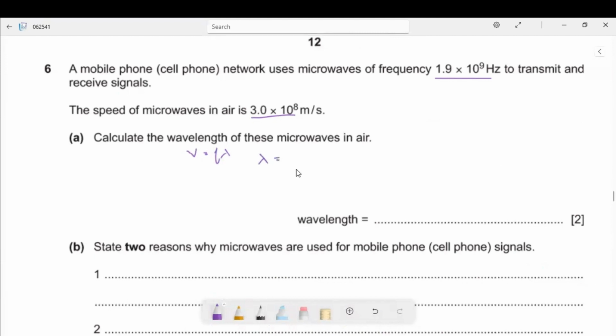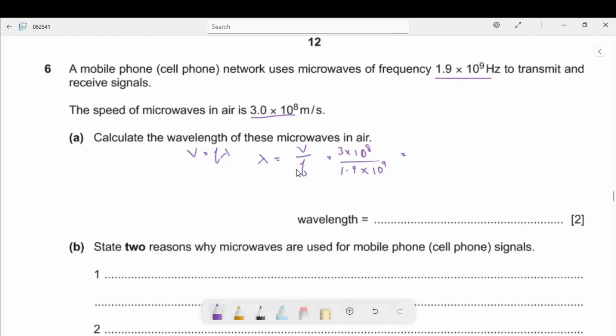Lambda is equal to speed by frequency. Speed is given as 3 into 10 raised to 8 meters per second, and frequency is given as 1.9 into 10 raised to 9 Hertz.